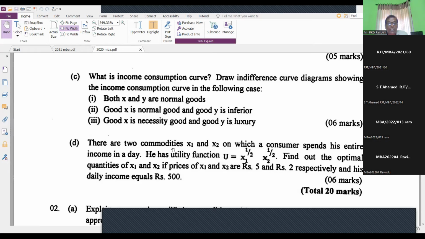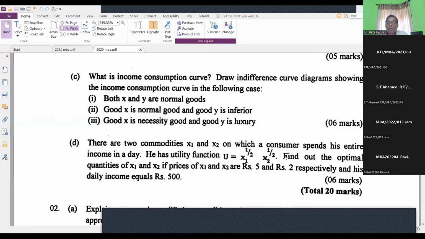There are two commodities, X1 and X2, on which a consumer spends his entire income in a day. He has a utility function U equals X1 to the power half, X2 to the power half. Find out the optimal quantities of X1 and X2 if the prevailing prices are 5 rupees for X1 and 2 rupees for X2, and his daily income is 500.